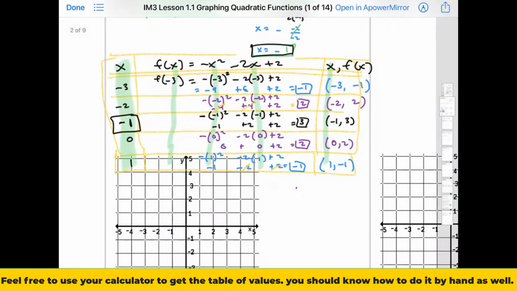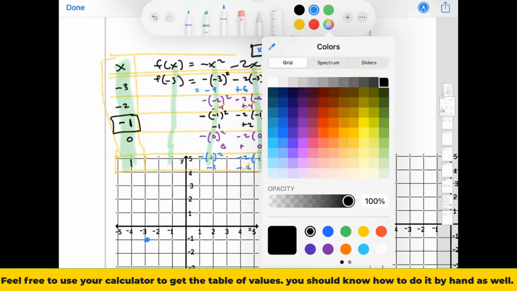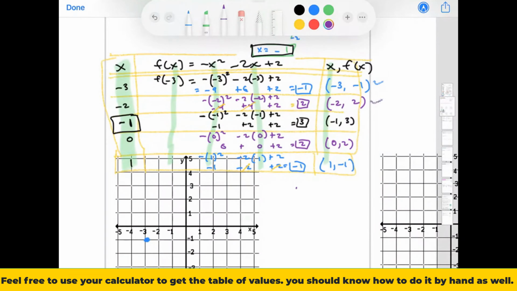Let's go ahead and graph these. Negative 3, negative 1, so left 3, down 1. Purple. Negative 2, up 2.